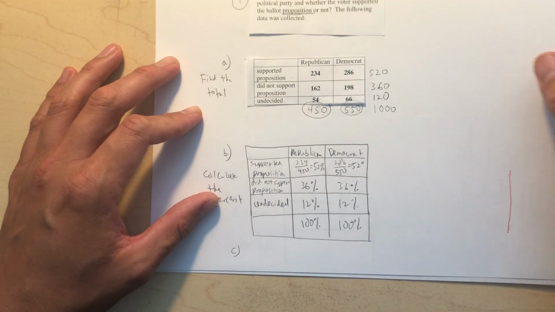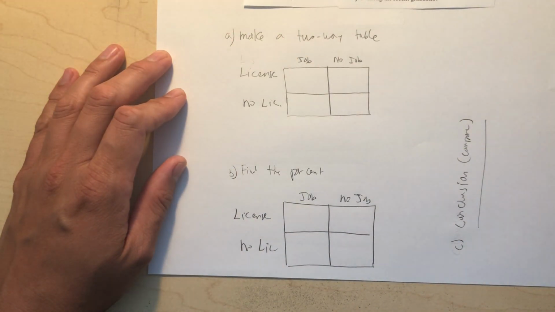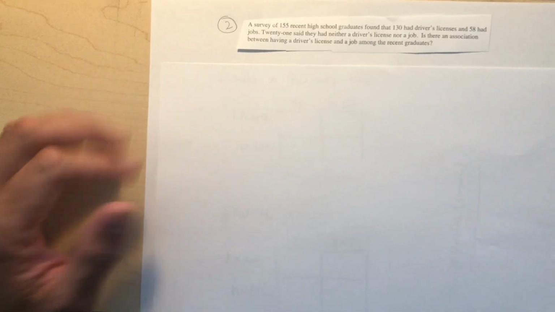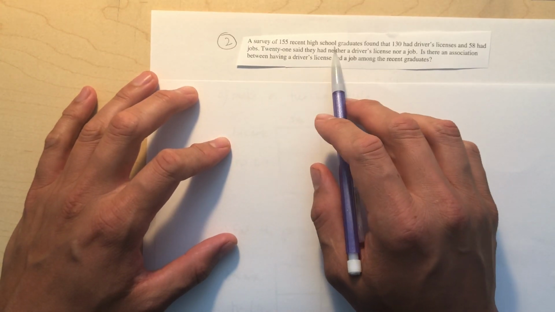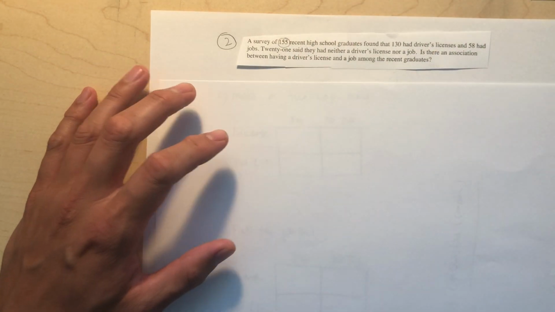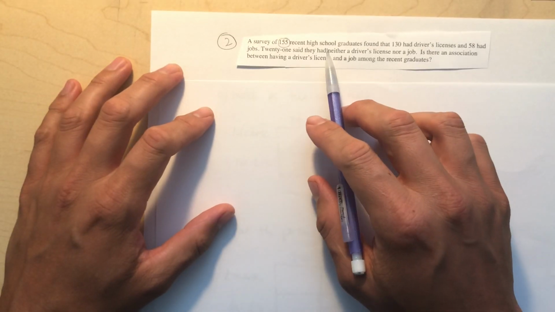All right, let's go ahead and move on to another problem. Let me use this table real fast. For number 2, you actually have to come up with your own two-way table. Let's read the problem first. A survey of 155 recent high school graduates. This is the most important number, the amount of people that you surveyed.